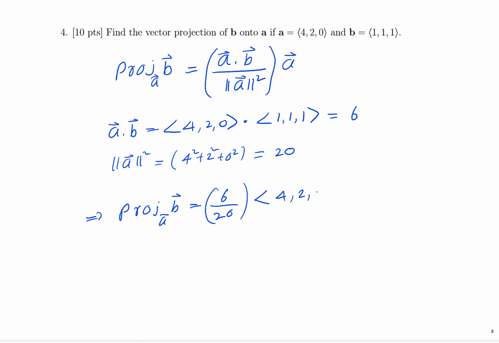Vector A is (4, 2, 0). Now we can take out 2 as common, then 10 and 5, right? Then 3 over 5 times (2, 1, 0). So that is the vector projection of B onto A.